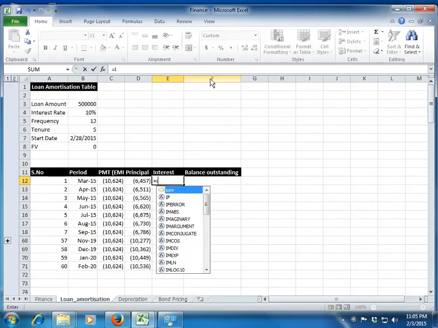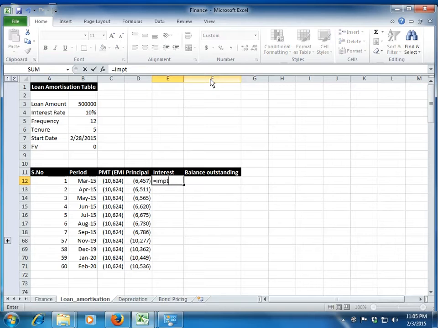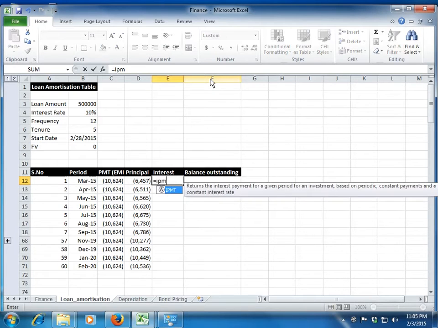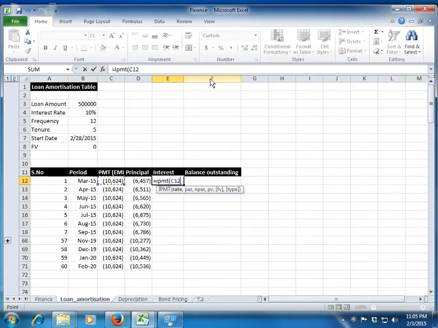Similarly I can compute my interest component, IPMT. I will give it a rate, which is F4. I give it a period, so link it to the serial number. Number of periods will again be frequency into tenure.